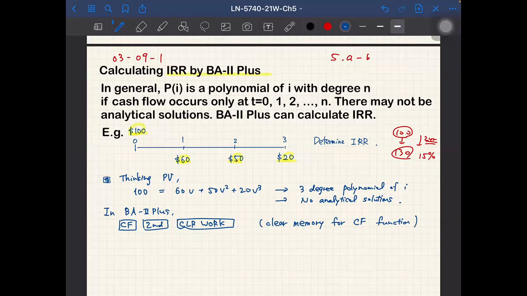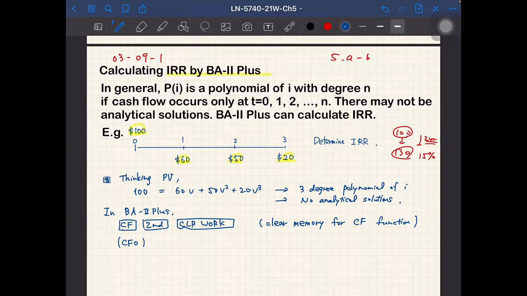Okay, then we input the numbers. At first, we have the $100 cash flow at time 0. If you clear the work, at first you see the cash flow at time 0. And we have to input the negative 100.